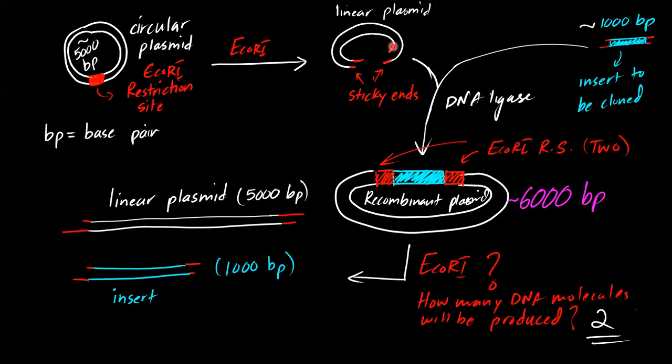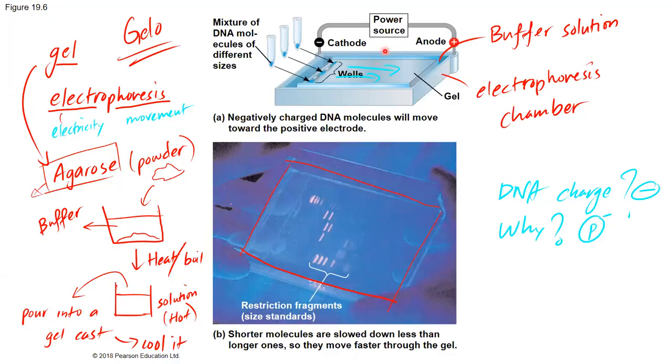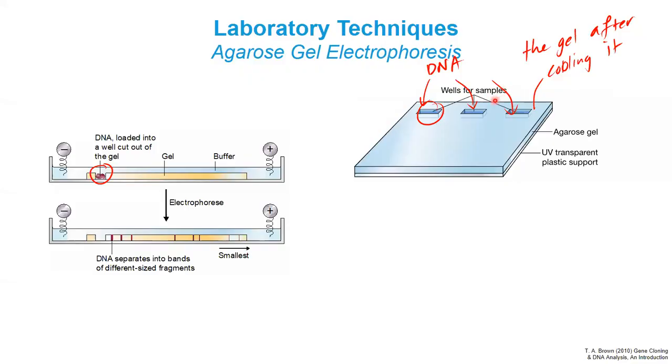So as you can see here, when electricity is turned on, the DNA will be moving inside the gel. If we put a DNA sample here, the DNA will be moving in this direction.